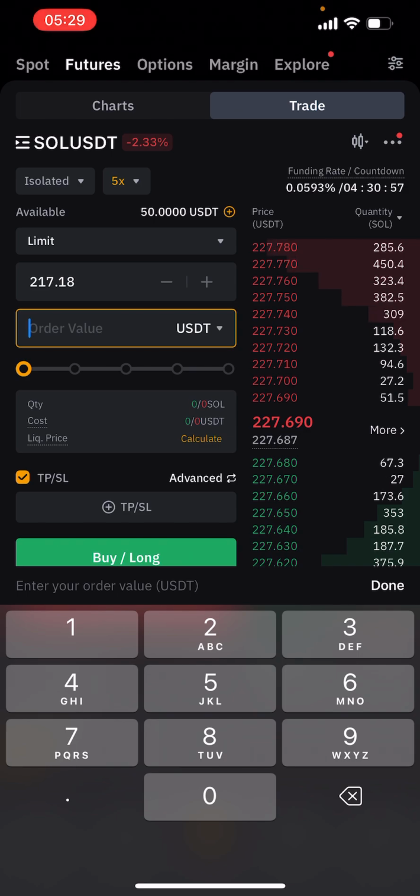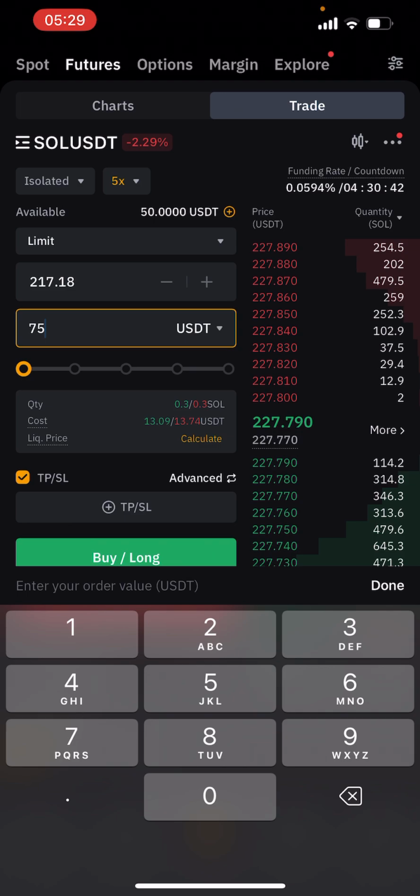Although there are some fees being added and stuff like that. So I will put 75 here. And if you notice, the moment I put 75, it calculated it for me. So if I'm using $75, if I'm to borrow $75 to trade, it's going to cost me $13. As I said before, I want to risk $15, so I will try and increase it and see.